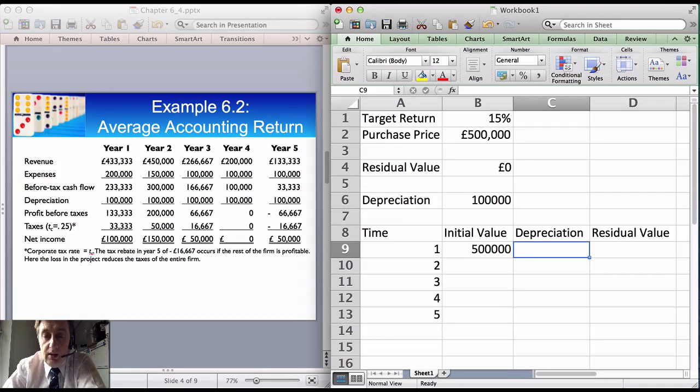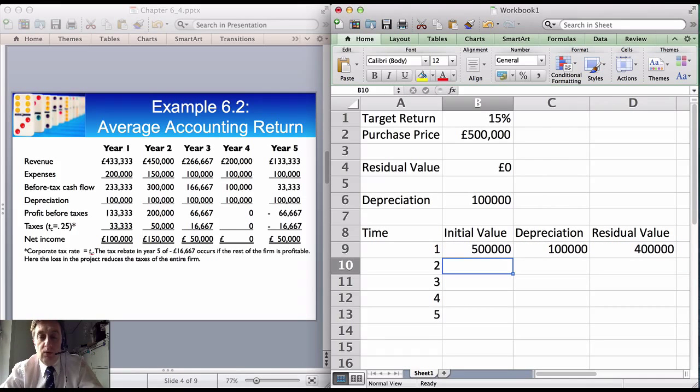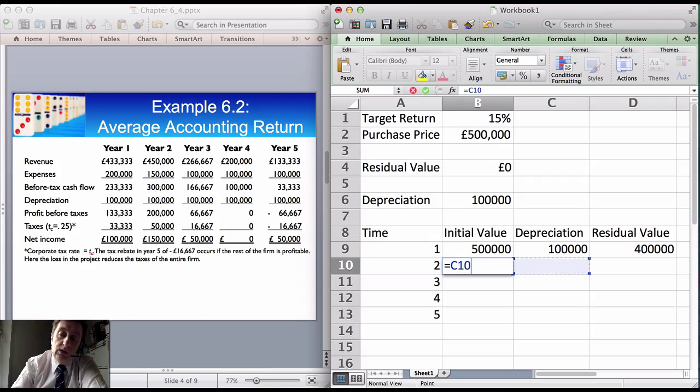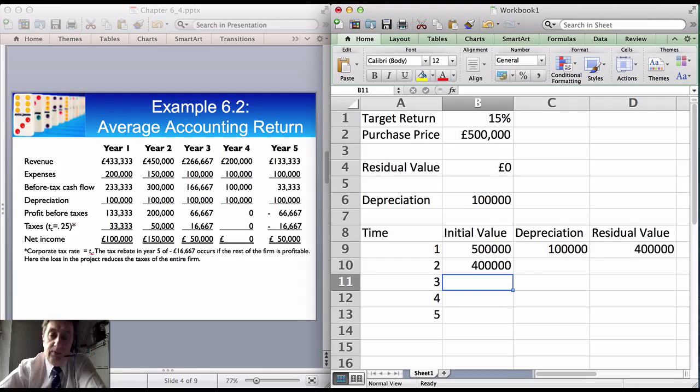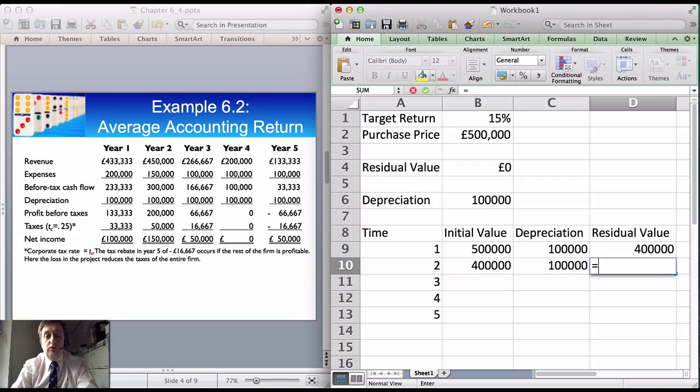Depreciation is 100,000. So what's the residual value? The residual value is just 500,000 minus the 100,000. Now the residual value in year one is equal to the initial value in year two. So we have the 400,000 starts off. We know the depreciation is the same, it's 100,000. The residual value is 300,000.